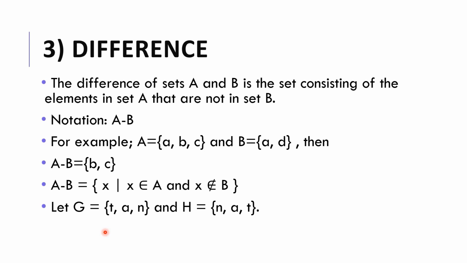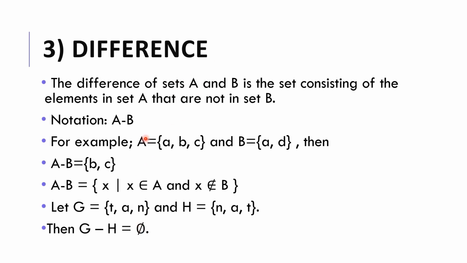Now what would be the answer when we compute G minus H? You can see that here is t and here is t, so we subtract t. a also a, a minus a. n also n, n minus n. So what will the answer be? 0. G minus H is equal to the null set. 0 means null set, meaning empty set having no elements.